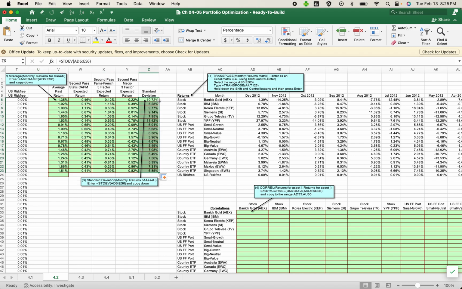Now, the other way we calculated standard deviations that we've studied recently is we took the weighted average of the standard deviation given a state of the economy.